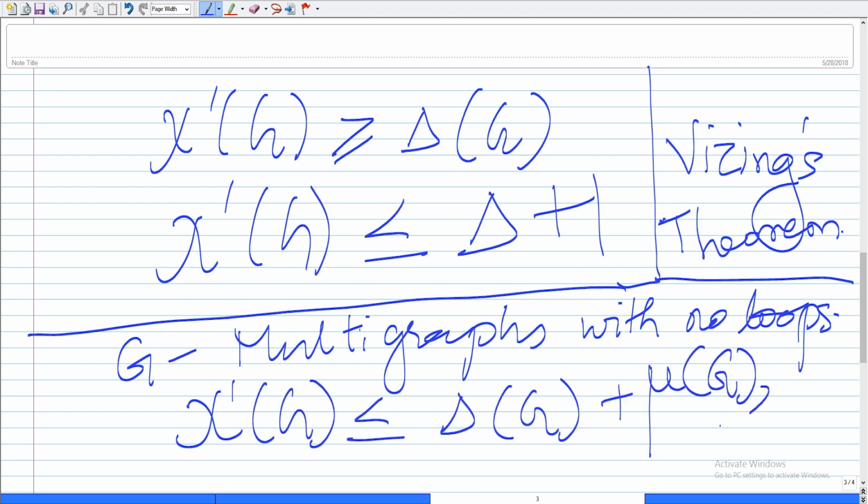So, it is going to be delta plus mu, where mu is the maximum number of parallel edges present between two vertices. Okay. So, given two vertices, if we have k parallel edges and that is a maximum number, so that is what we would like to take into account. So, the upper bound would be delta plus mu of G. Okay.